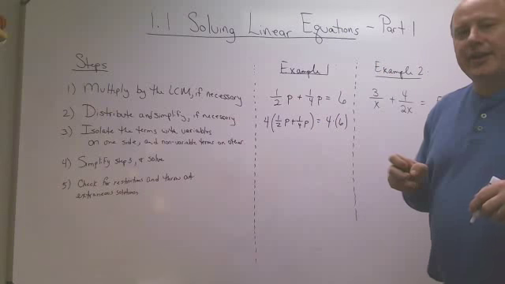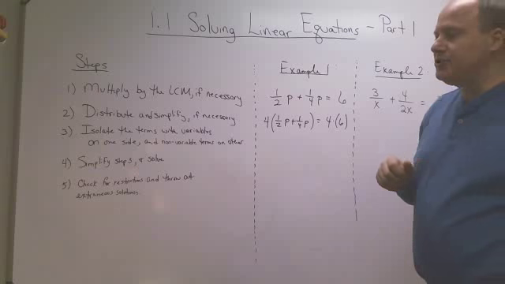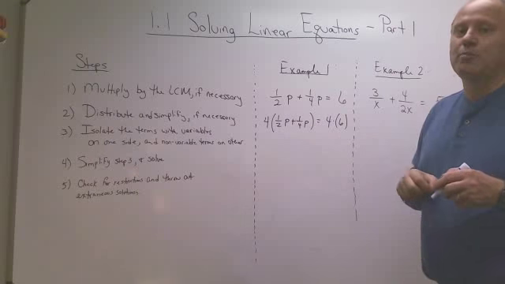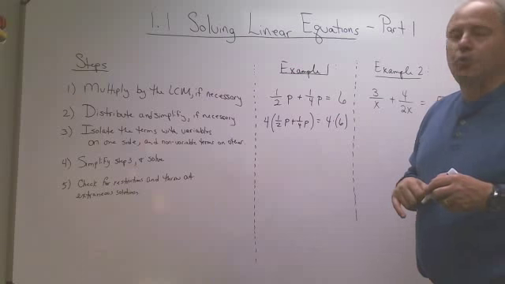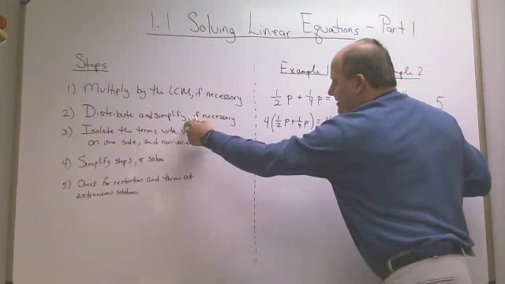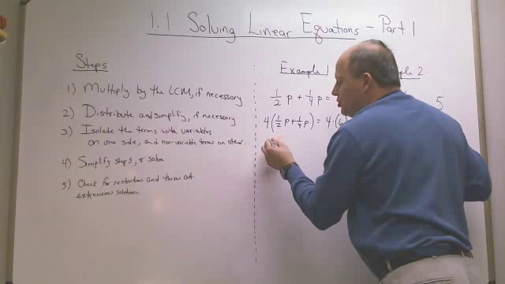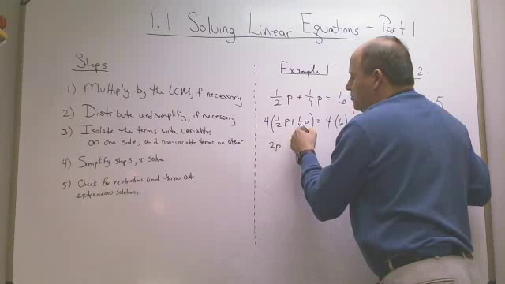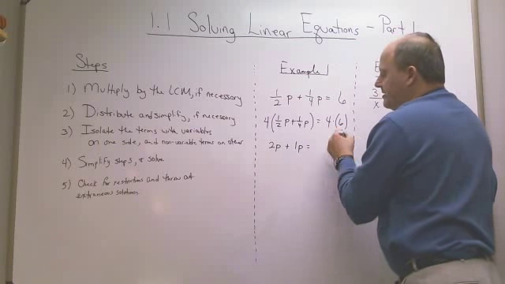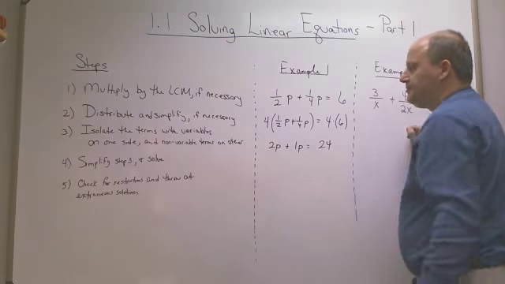Well, you want to clear out the fractions, because when I distribute this, it's going to cancel the fractions out, and that's the whole point of step number 1. So 4 times 1/2 p, so distribute and simplify. So 4 times 1/2 p is 2p, and 4 times 1/4 p is just plus 1p. And then 4 times 6 is 24, of course.